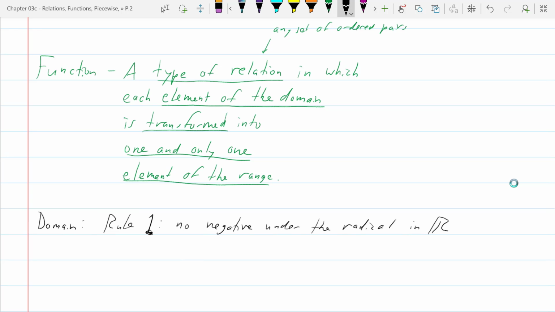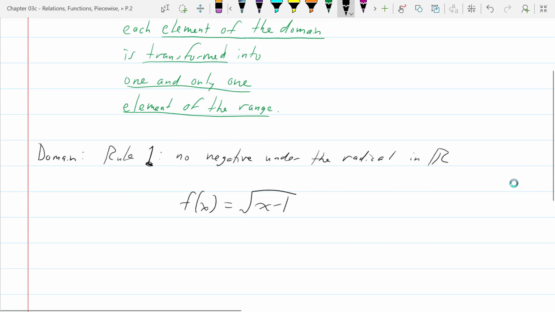So what that looks like is, let's say that I have a function f of x is equal to the square root of x minus 1. That means that x minus 1 has to be greater than or equal to 0, which would then mean that x has to be greater than or equal to 1. That would be my domain, because anything not that would give me a negative underneath the radical.